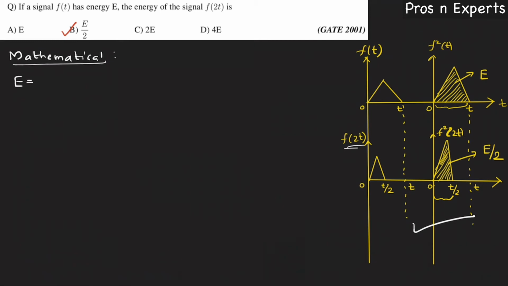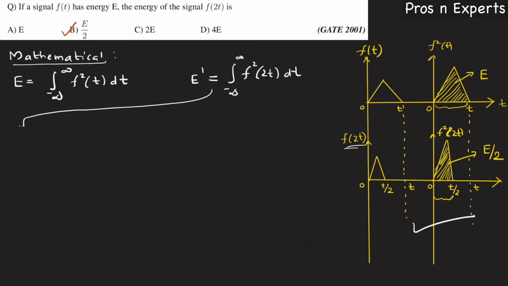Energy is given by the integral from minus infinity to infinity of f square of t dt. Now we have to find the energy of the signal f of 2t. Let me denote it as E dash. E dash is then equal to the integral from minus infinity to infinity of f square of 2t dt.